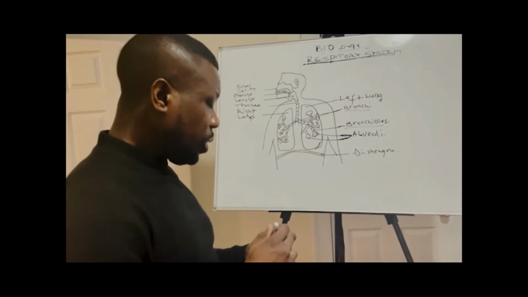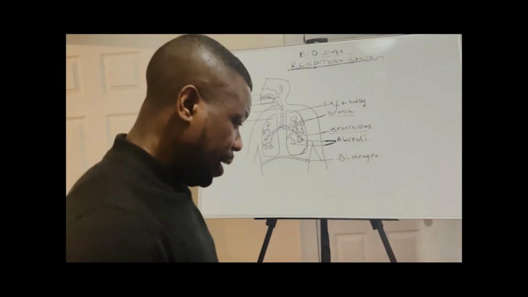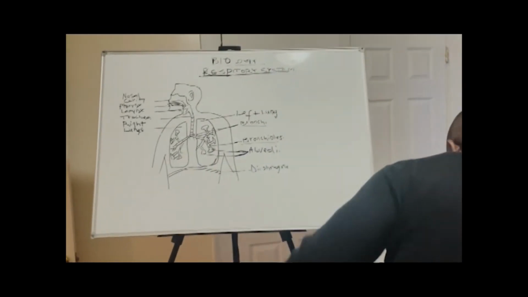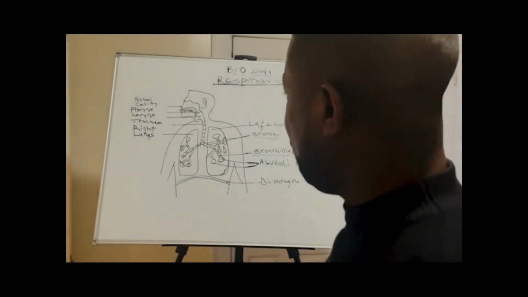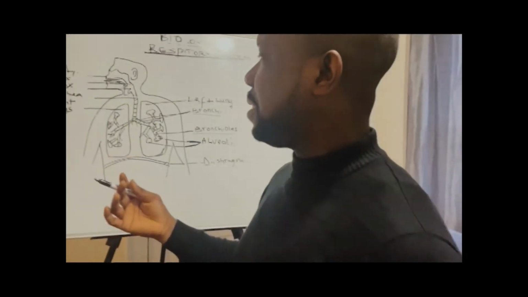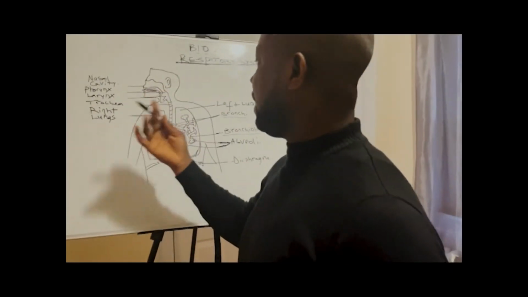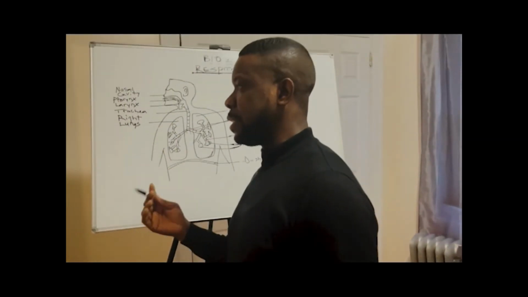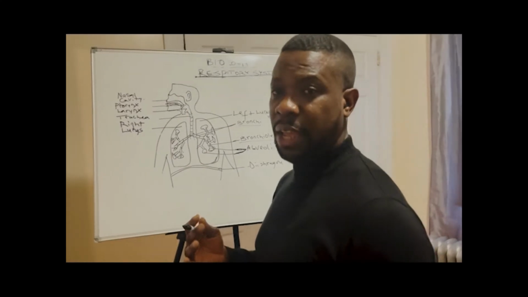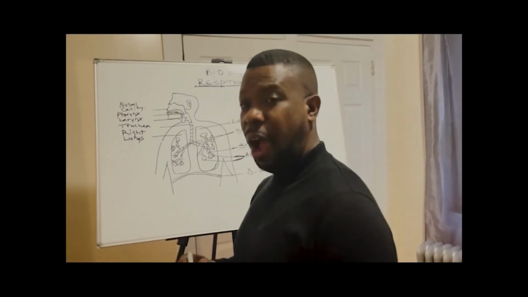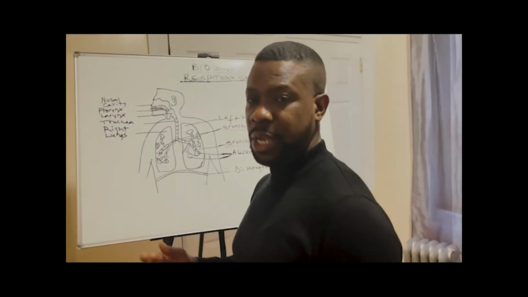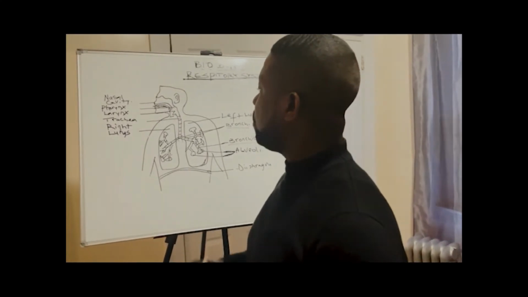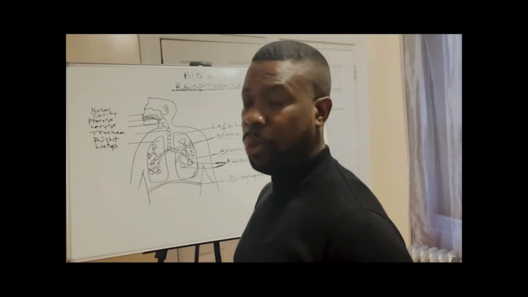All right. What is the main function now of the respiratory system? The main thing about the respiratory system is our body needs oxygen for metabolic processes. All right. So now, how does this oxygen normally get into the body?